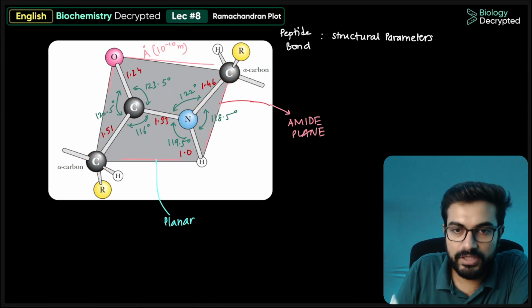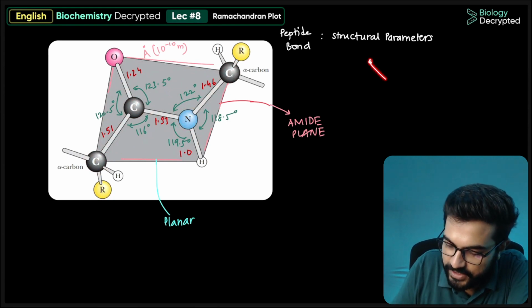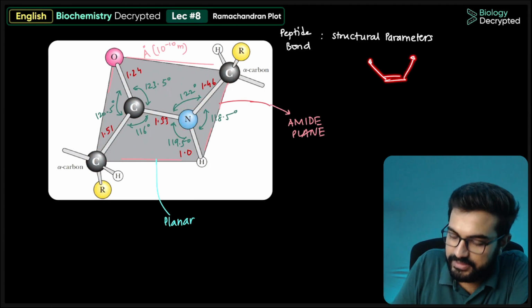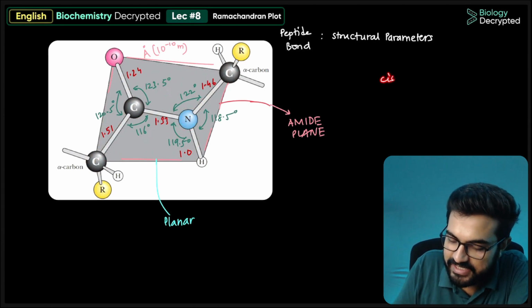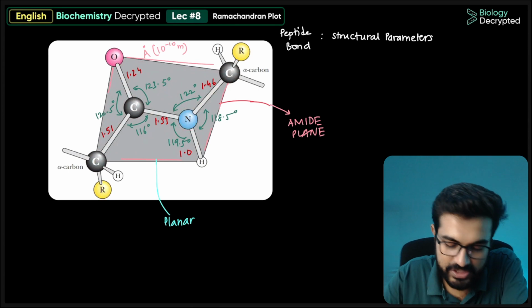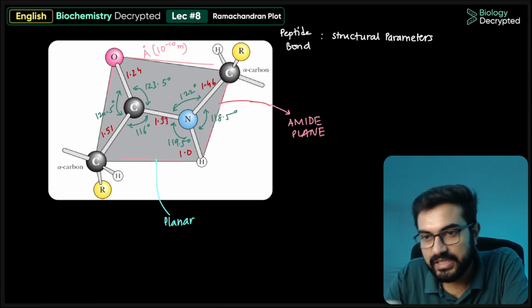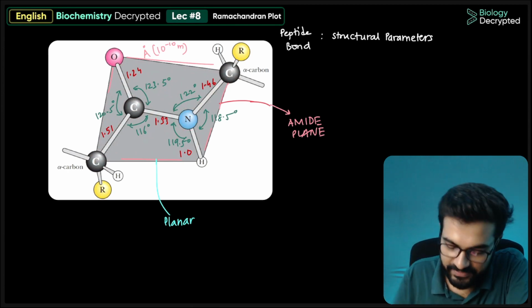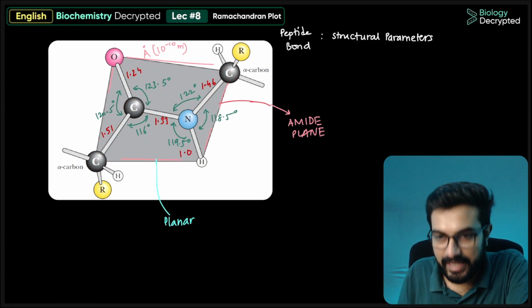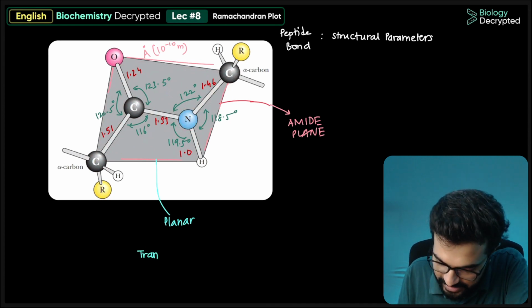And if they are on the same side, then you'll call it cis configuration. So here the peptide bond has a trans configuration, and obviously trans is dominant.